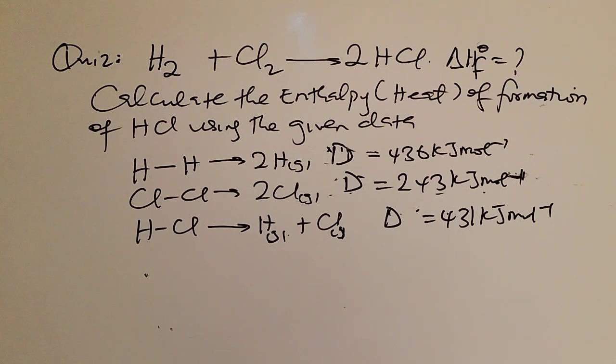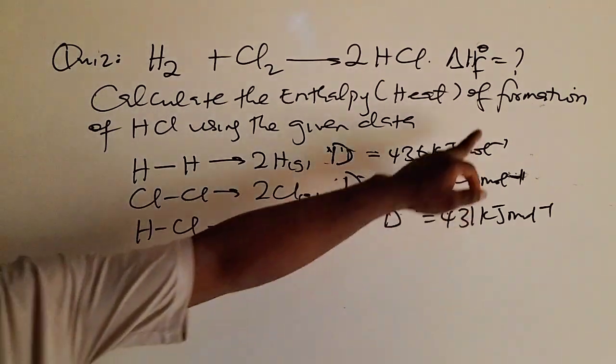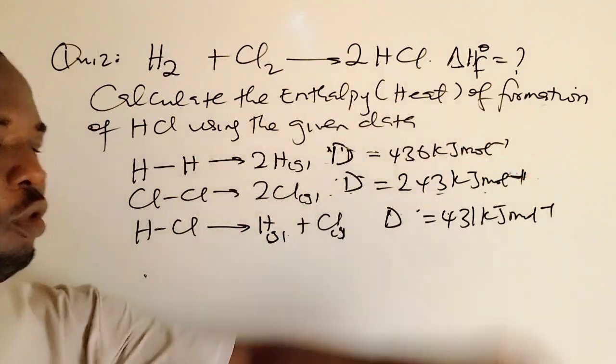So we are asked to use this information to calculate the enthalpy or the heat of formation. As I told you, you can calculate the enthalpy of reaction using the bond dissociation energy. And I gave you a formula that says enthalpy of reaction is equal to dissociation energy of reactants minus that of products. Before I go on to solve this problem, I have to ask myself, what is formation? What is the meaning of heat of formation?